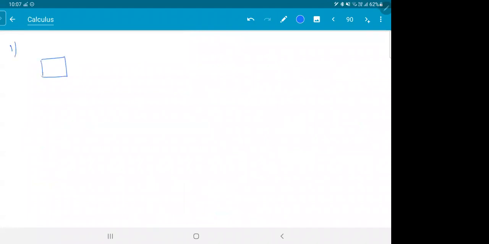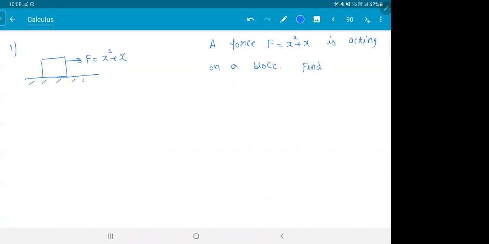So we got a block. The force acting on the block is x square plus x. Find work done when the block goes from 1 to 2.